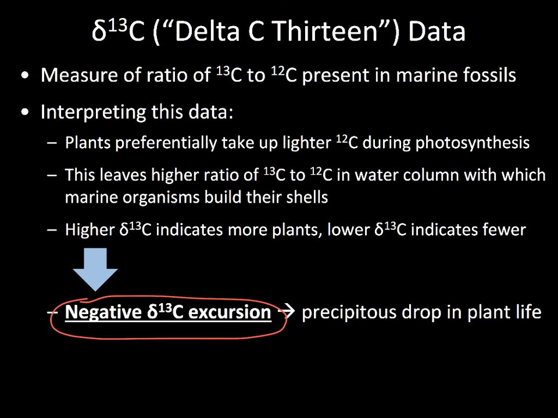And that indicates a precipitous drop in plant life. So for all intents and purposes, you just need to know that a negative delta C13 excursion, or a huge drop in delta C13, is how scientists mark mass extinctions. It's how they determine when mass extinctions took place.